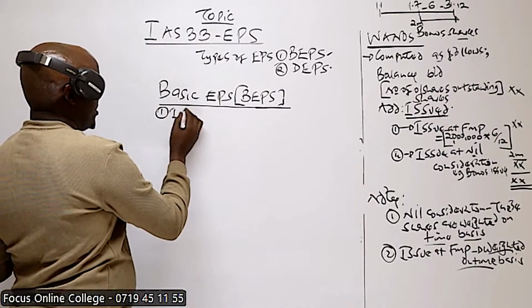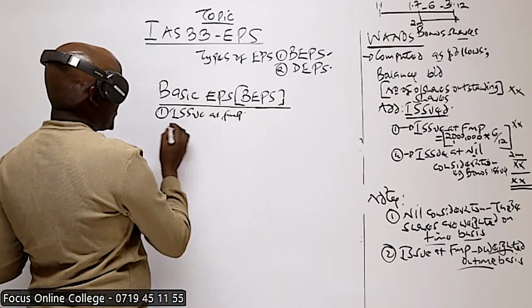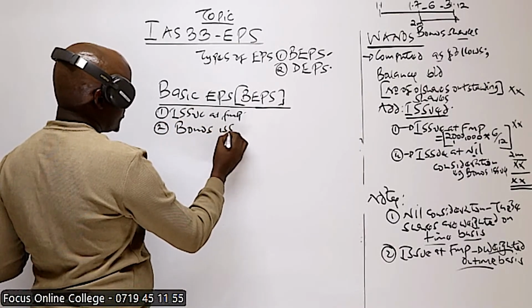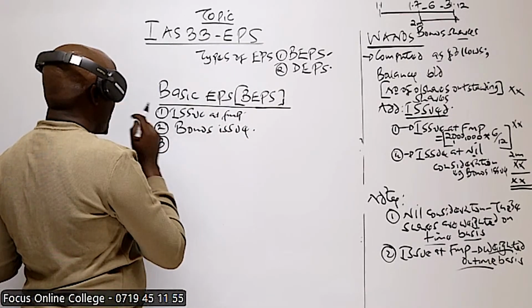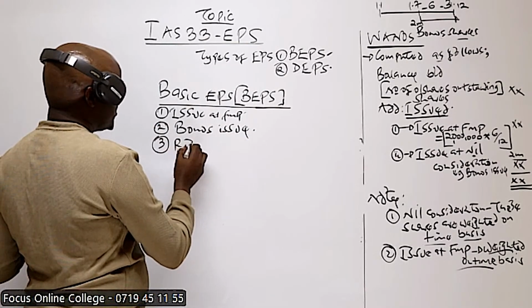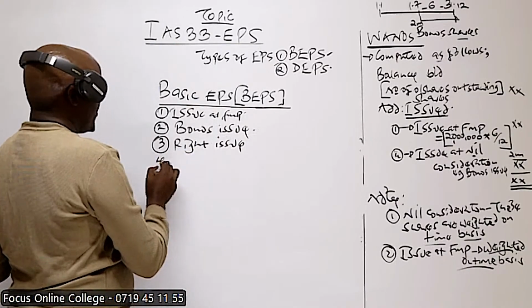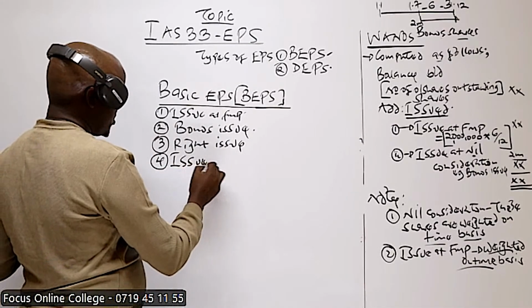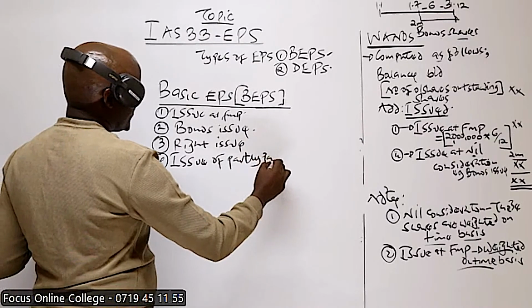Number one, we have the issue at full market price. We also have the bonus issue. Number 3, we have a right issue. Number 4, we have the issue of partially paid shares.